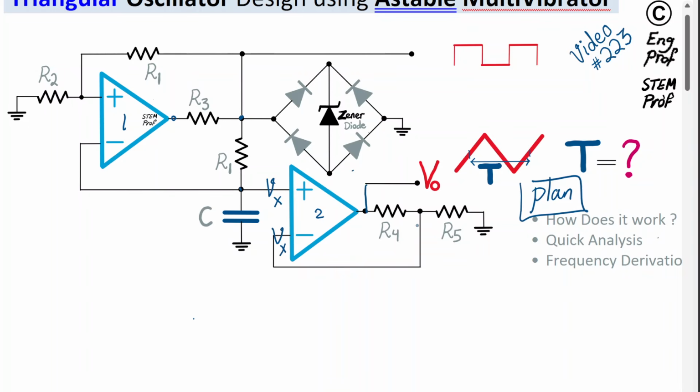And then we have the amplification in which we can write Vout is equal to just Vx times 1 plus R4 divided by R5, which is this resistor here.